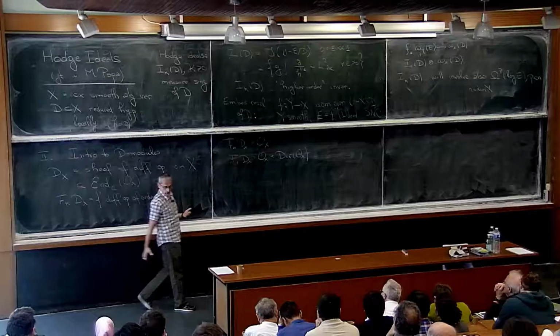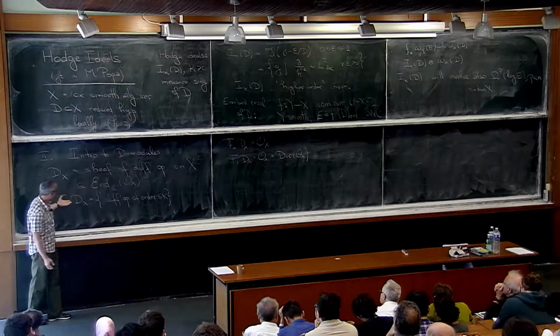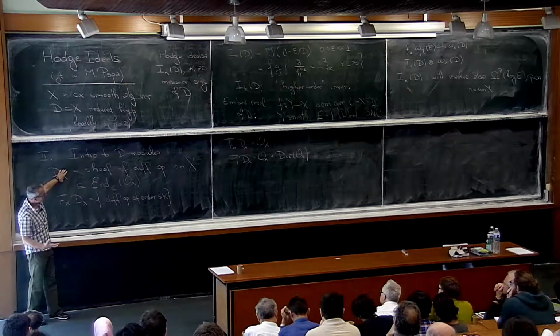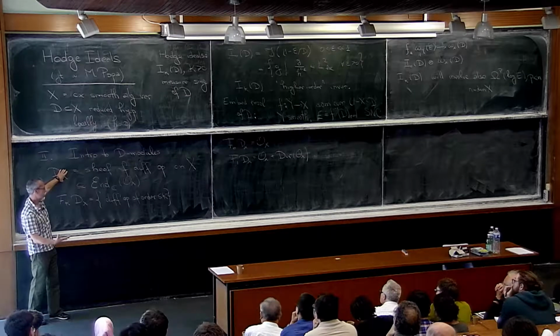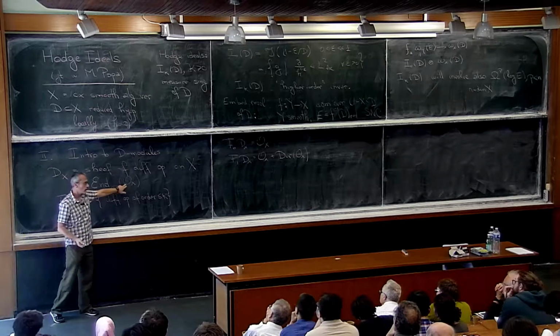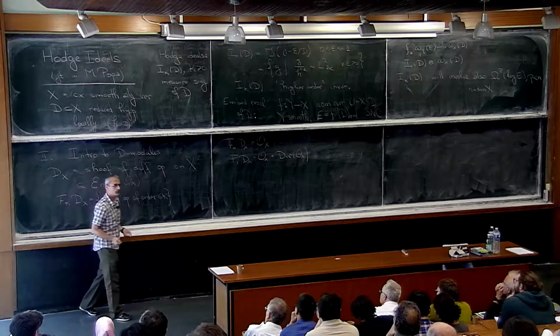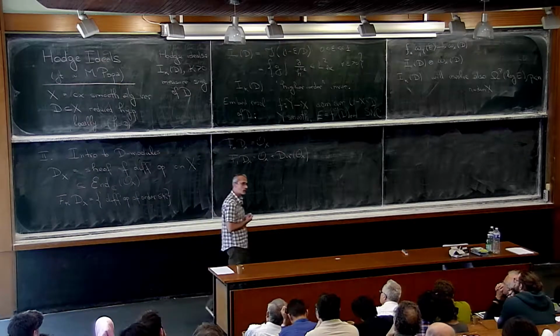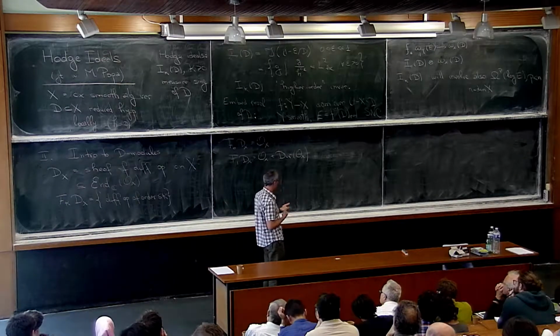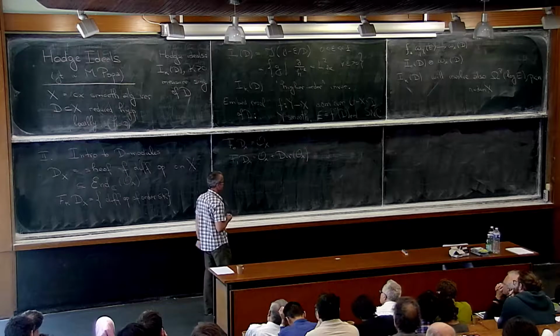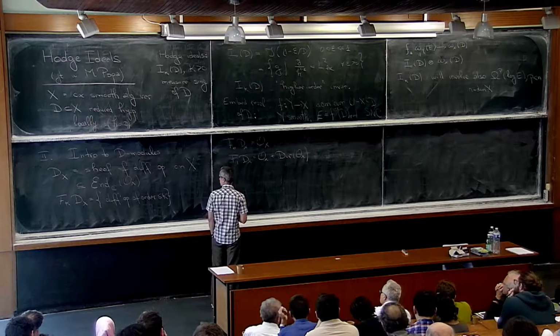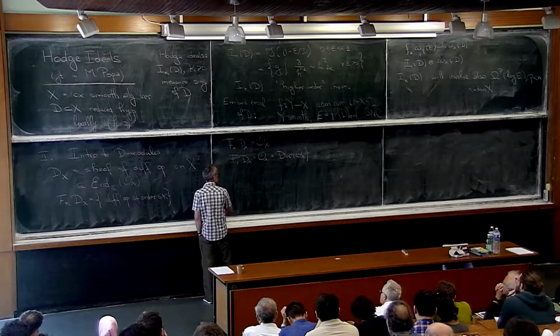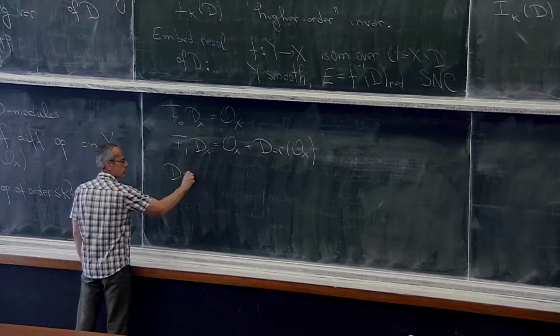Right, so this sheaf is generated as a ring just by OX and by derivations. Then the subtlety comes from the fact that it's a non-commutative sheaf of rings. Anyway, what we will be interested in are D modules.